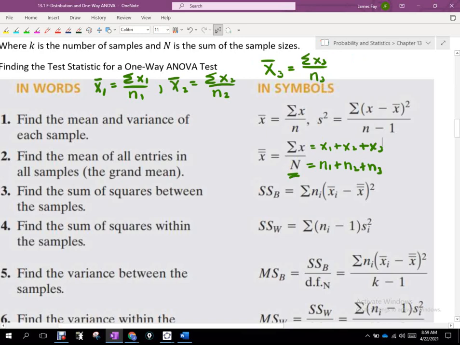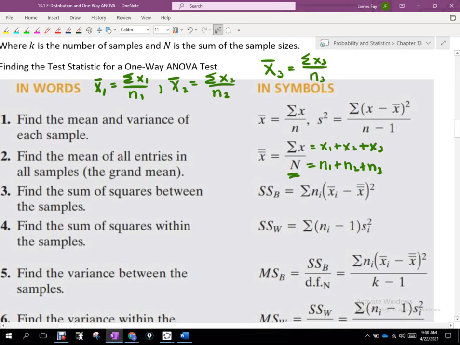Step 3 says find the sum of squares between the samples. What that means is you're going to take N, which is the size of each sample. I have to do this multiple times: with this sample, the second sample, the third sample, the fourth sample, however many samples we have.